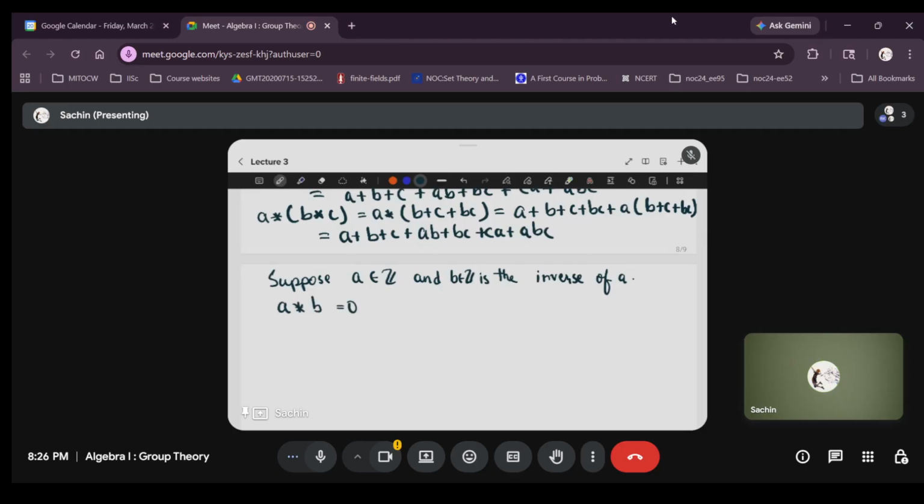Yes. Which would imply A plus B plus AB equals 0. Should mean that 1 plus A times B equals minus A. We are solving for B, right? In terms of A.